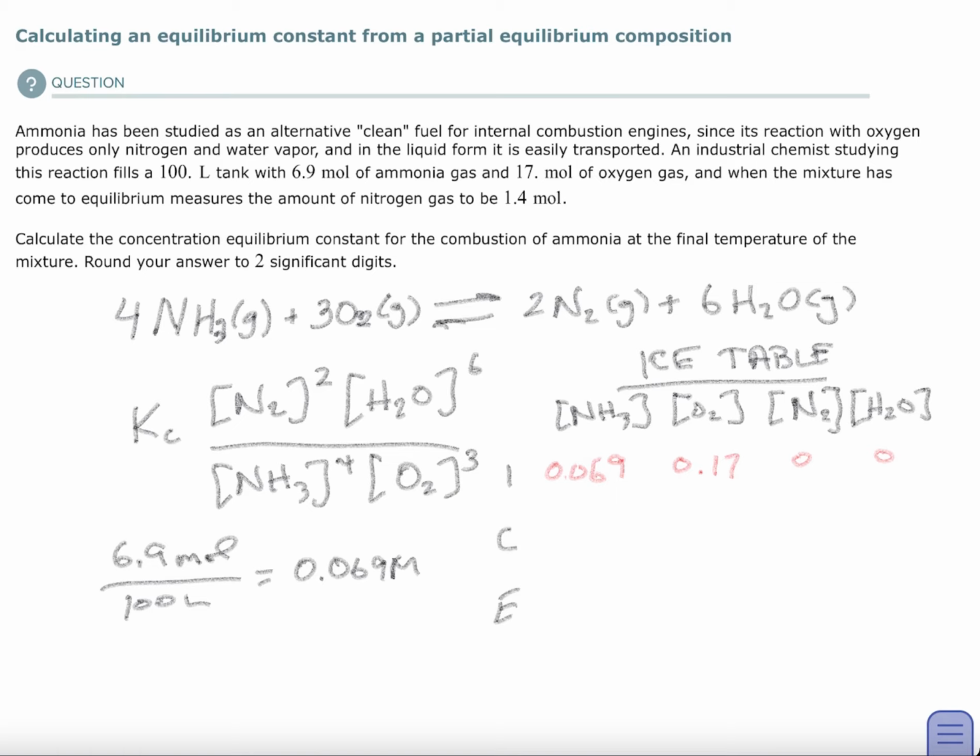When it says NH3 in brackets, you're going to take its moles divided by its liters, and that is the molarity. So you're given the molarity of the ammonia, and you're given the molarity of the oxygen. At the beginning, there is no nitrogen because it hasn't made any yet, and there is no water. So the products are going to be equal to nothing at the beginning.